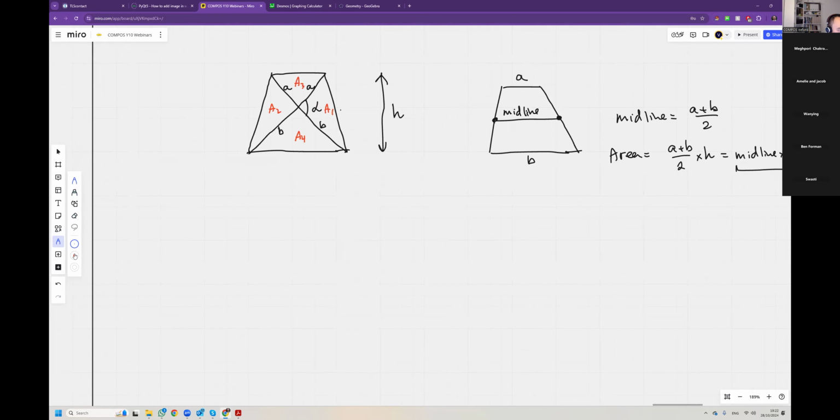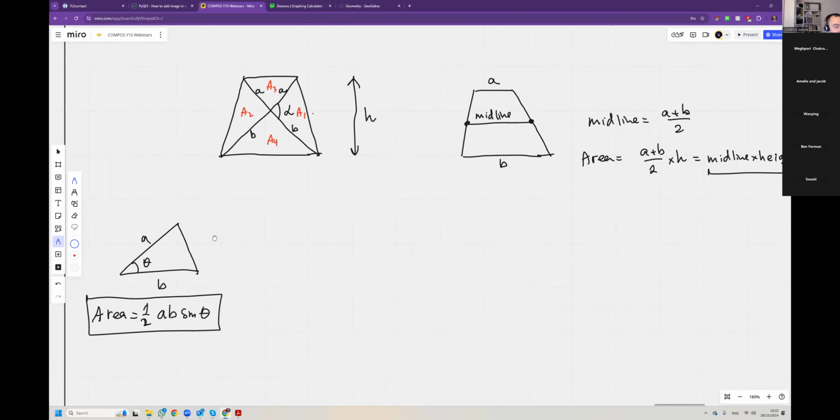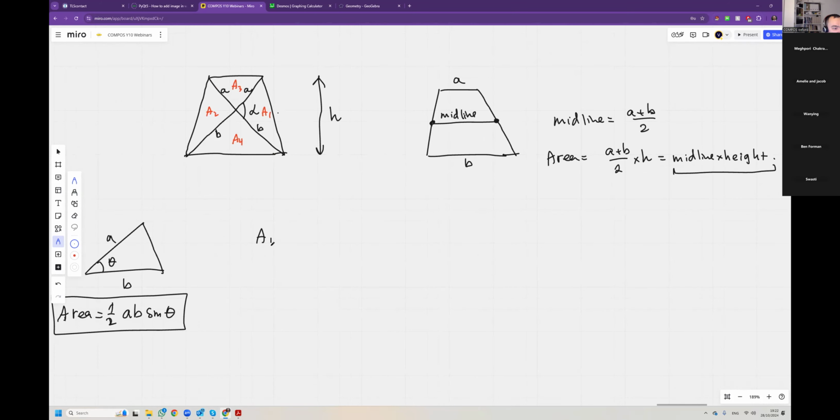The area of a triangle with sides A and B is 1/2 AB sine theta. This is a formula for the area of a triangle. So let's look at triangle A1. A1 is going to be 1/2 AB multiplied by sine alpha.